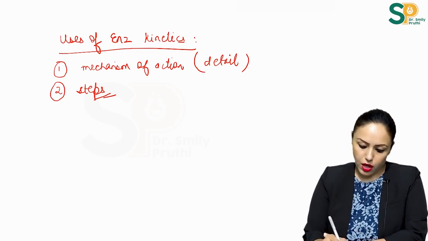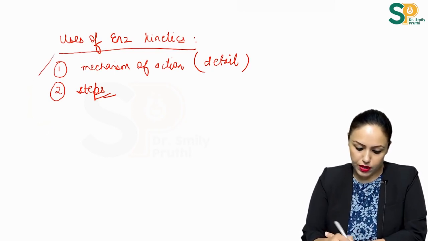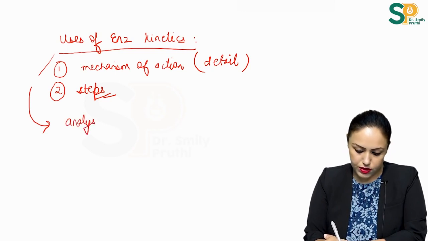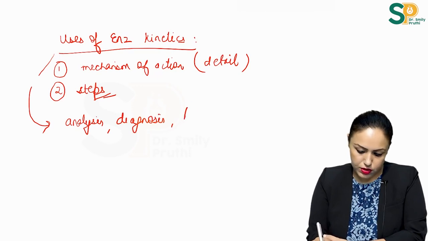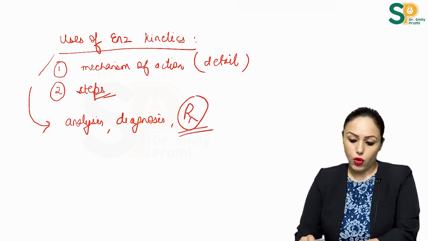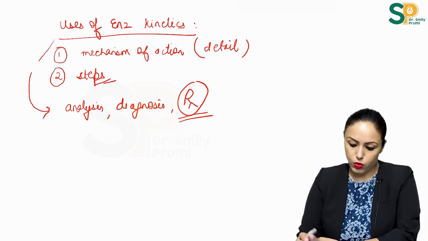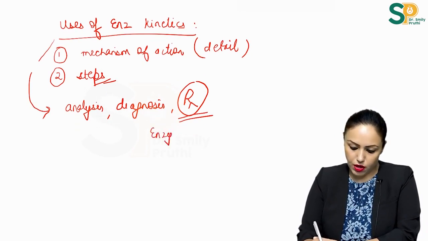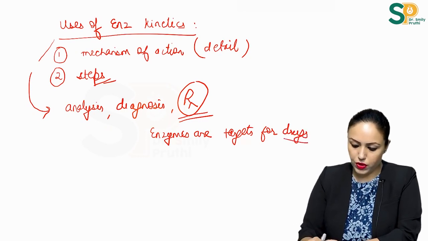Because of enzyme kinetics, we can do the analysis of a disease, diagnosis of a disease, treatment of a disease. How treatment? Because mostly enzymes are targets for drugs. Enzymes are targets for drugs used in treatment.